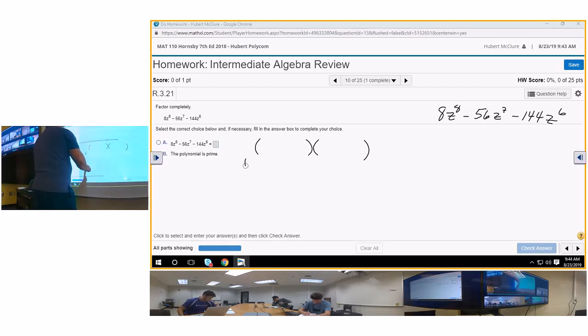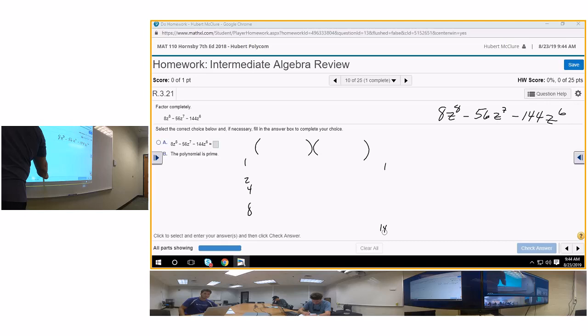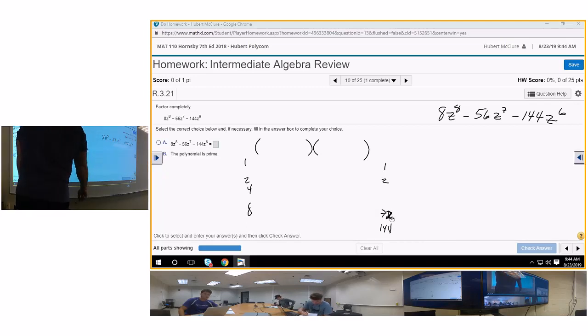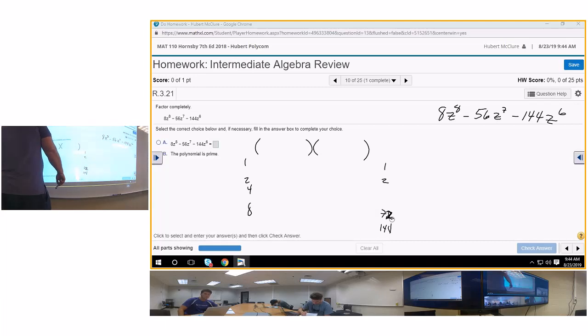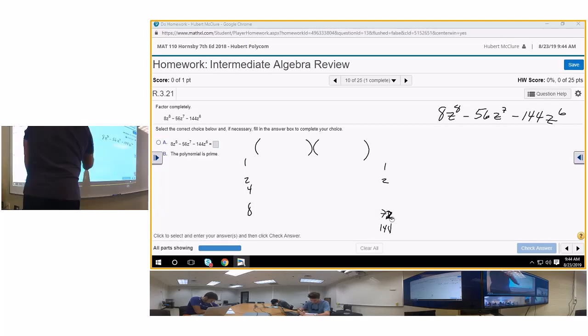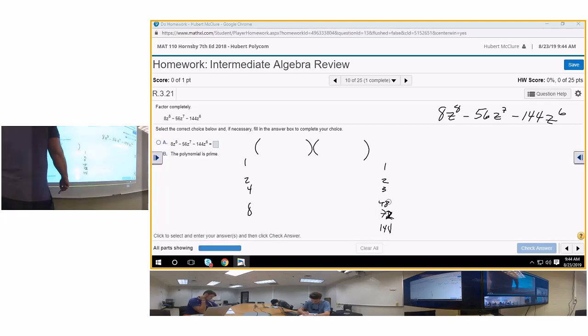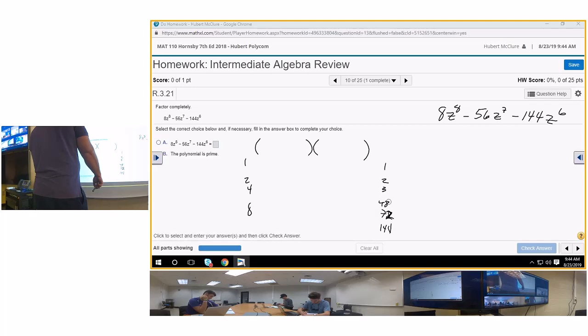So that's going to be 1 and 8, 2 and 4. 1 and 144, 2 and 72, 3 and 48, 6 and 24.